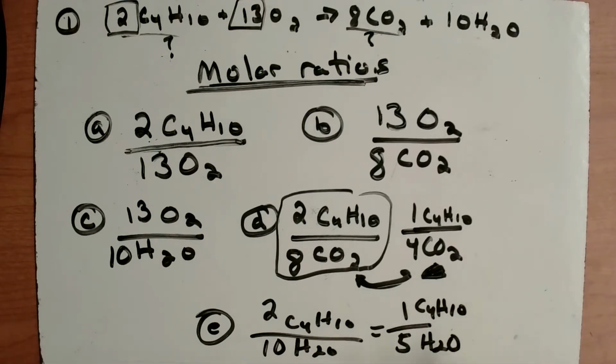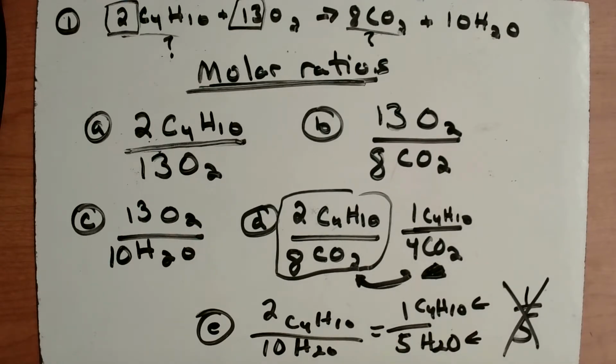Okay, it's really important that we do include the molecules here. So make sure you're writing this. Don't write 1/5. Don't do that, right? Include the molecules here, please. Include the entire molecule when you're doing the molar ratios.